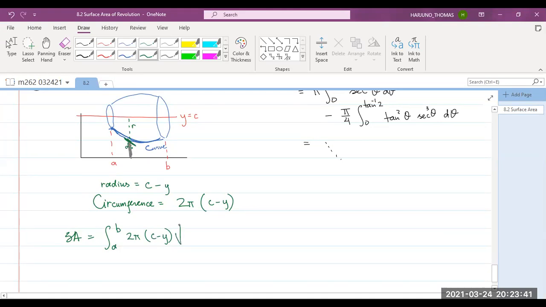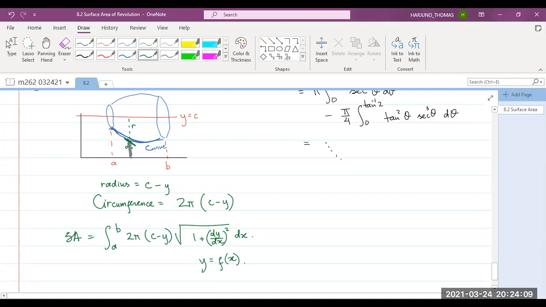But that ds is supposed to be in terms of x, so it's the square root of 1 plus (dy/dx) squared dx, where y is a function of x.